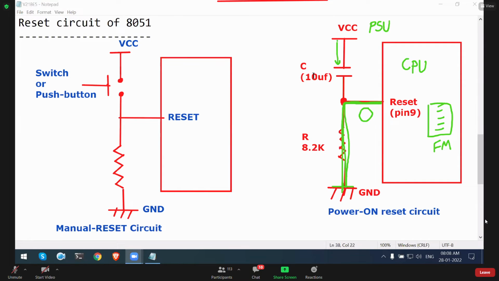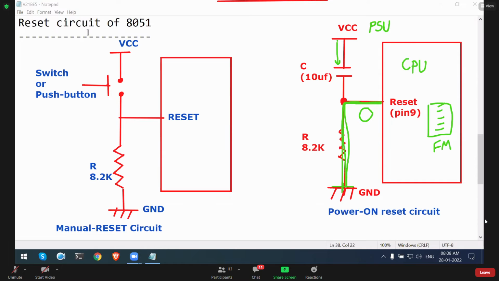After that time your reset pin becomes 0, approximately 82 milliseconds. This circuit is recommended by Intel. We cannot change these values. The resistor value is again recommended by Intel, 8.2K.